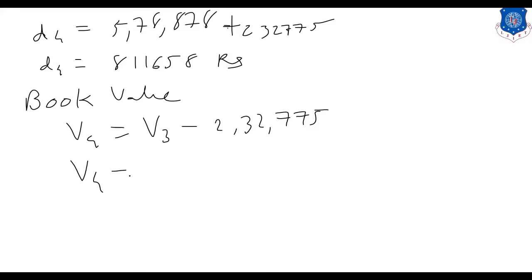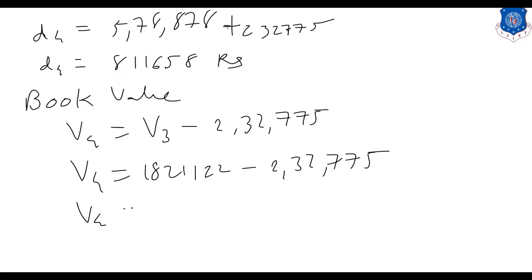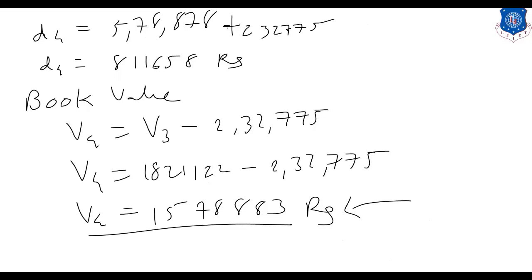So V4 is equal to 18 lakhs 21,122 minus 2 lakhs 32,775. So V4, the book value for the 4th year, becomes 15 lakhs 78,883 rupees. This is the value of the distillation column at the end of the 4th year.